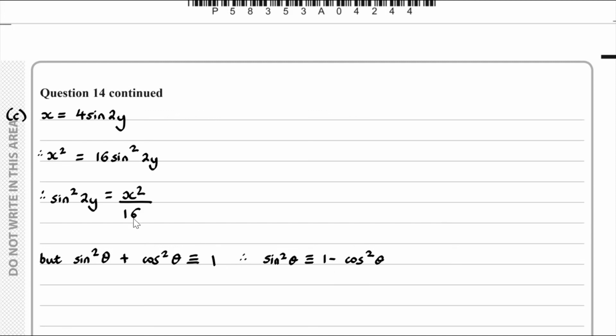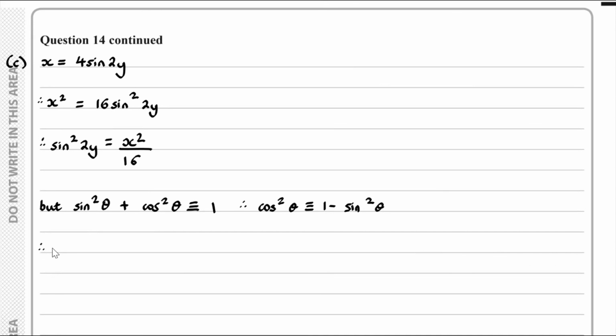So we can replace the sine squared 2y with what we have over here. Actually, we can find out what cos squared theta is. Cos squared theta is equal to 1 minus sine squared theta.